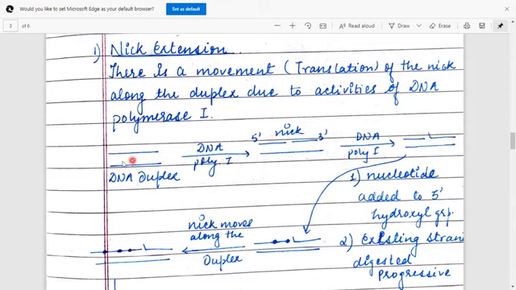Here we can see this is the DNA duplex which we are interested in labeling in between. DNA polymerase will be making the nick. So here a partial nick is created at the single strand.